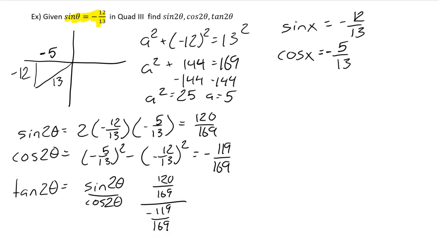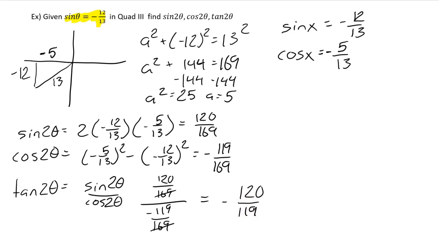And the great thing is we will be able to cancel these values out because the denominators are the same. So the denominators will cancel on us, and we are left with negative 120 over 119. So that will give you your double angle value.